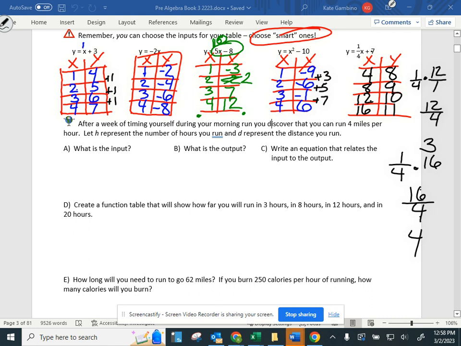So when Mr. Schultz puts on there, be smart, choose smart inputs, he's talking about looking into the long run. What numbers are going to be easy for us because we know we're going to be graphing. Put them in order. You don't have to, but get in the habit of putting them in order so you can see your pattern and catch mistakes that you make.